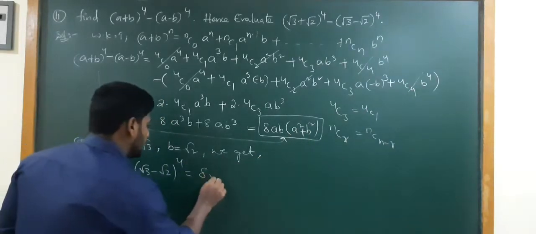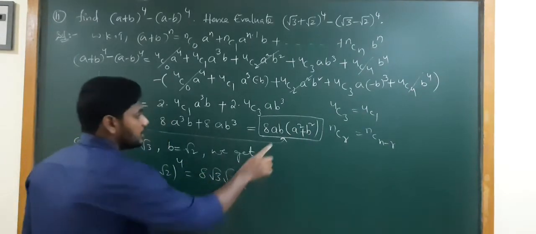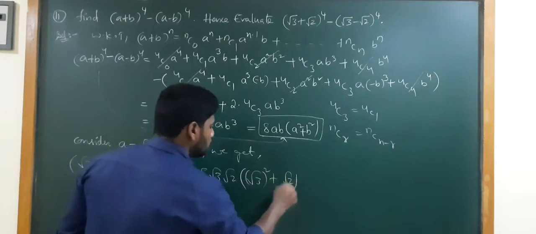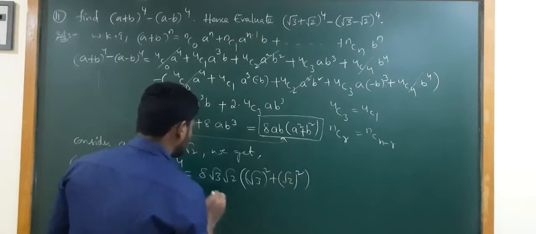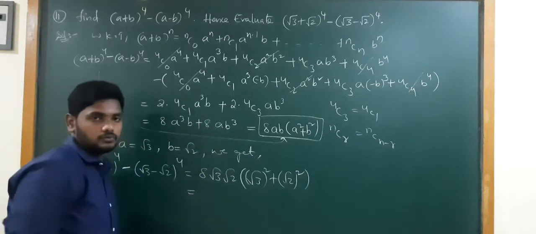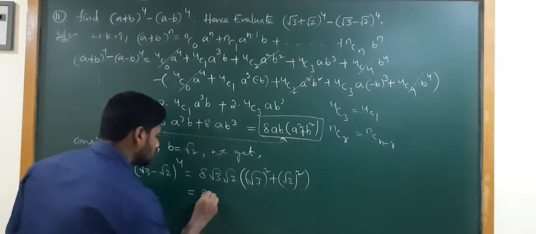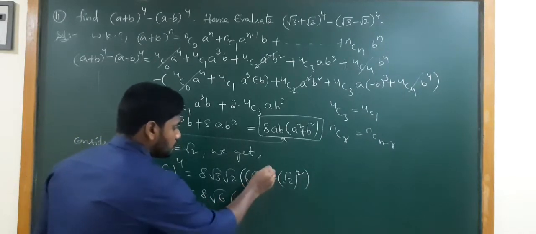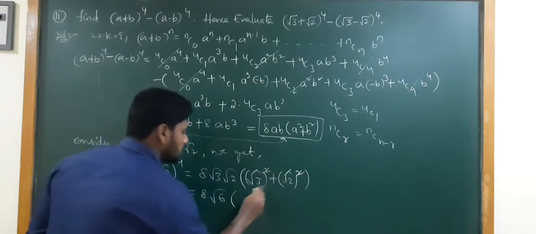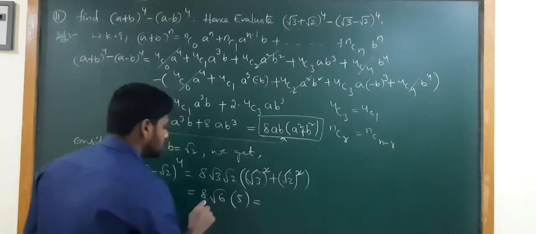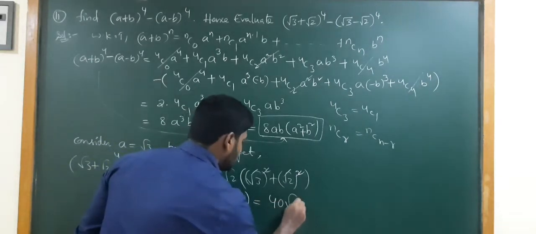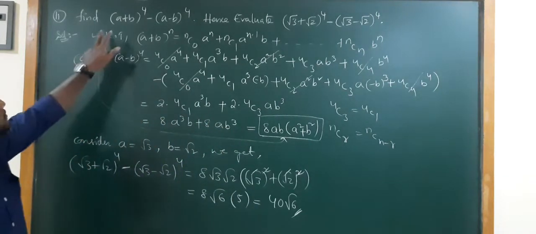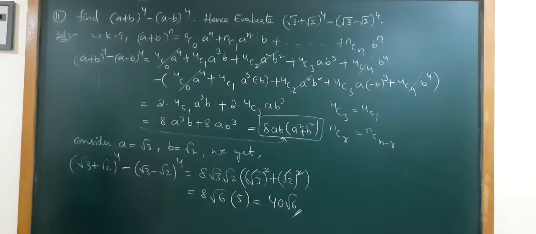What is a? 8 root 3 into root 2, into (√3)^2 + (√2)^2. So it is equal to 8 root 3 into root 2. Root 3 into root 2 is root 6, so 8 root 6, into, square roots cancel, 3 plus 2 is 5, which is equal to 40 root 6. So like this we will find by using binomial expansion.